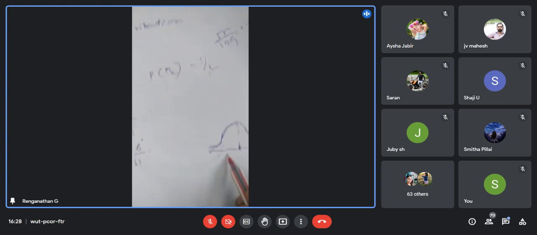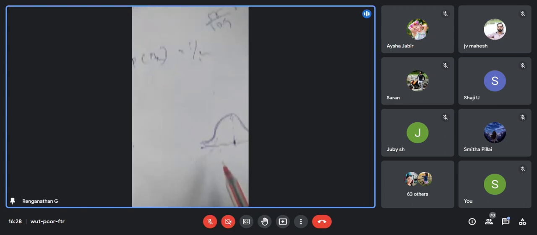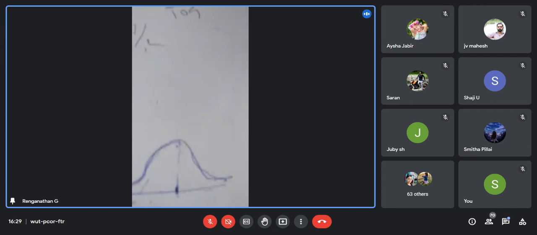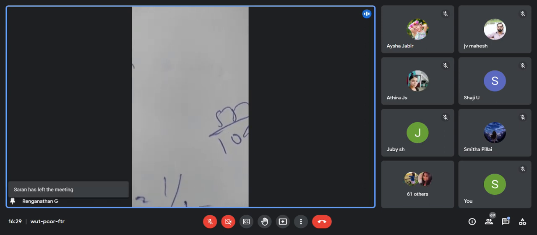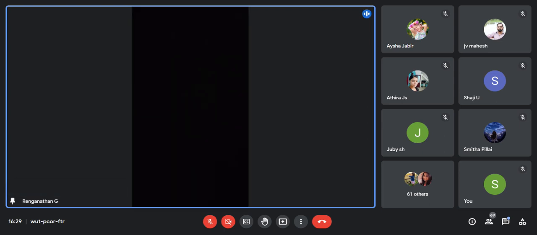With the help of this normal distribution, it will be possible to find the probability of happening or not happening something else. Okay, and we can find its area by using this normal distribution curve. Now I explain how we use the normal distribution curve with the help of a question. And for this purpose, we require a table also, the normal distribution table. This normal distribution table, I think it may not be in your possession now.